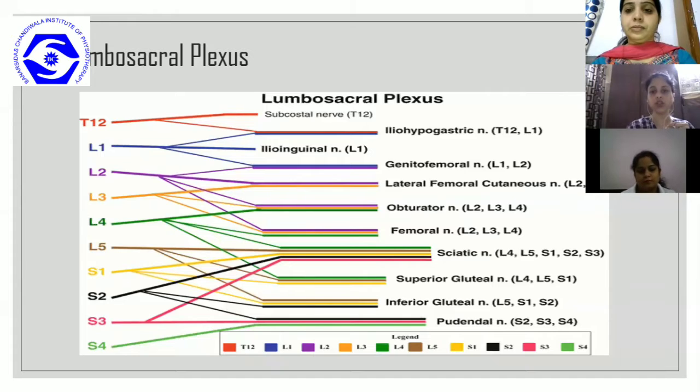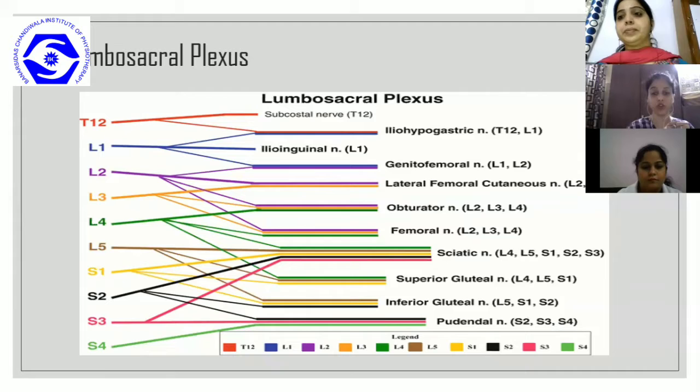These are the 2 nerves which are the most common causes of neuropathy, entrapment neuropathy. The L4, L5 spinal nerves from the ventral rami join to form the lumbosacral trunk, and they further give these peripheral nerves, that is the femoral nerve and sciatic nerve. That's why we deal with the lumbosacral plexus when it's nerve tension testing.